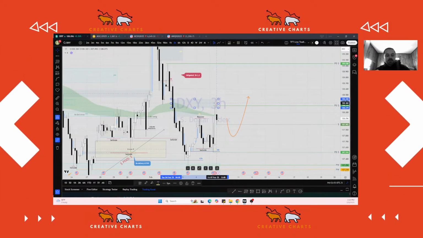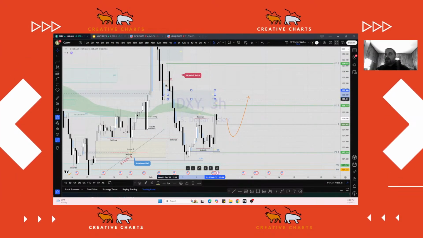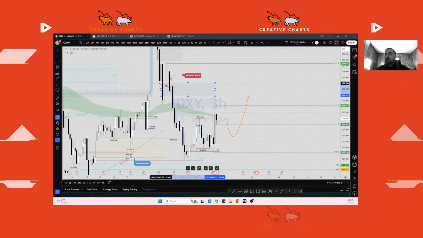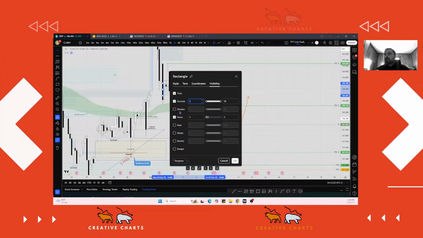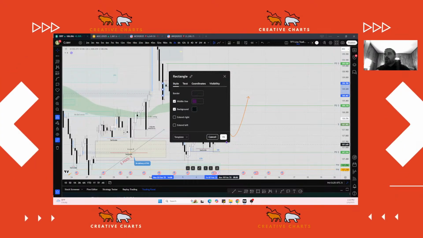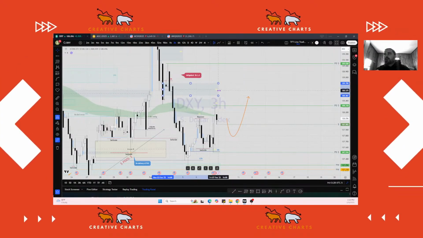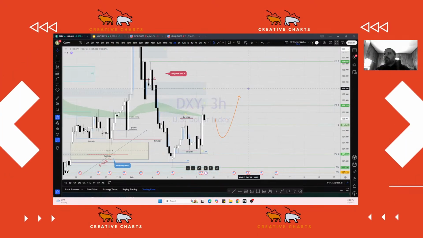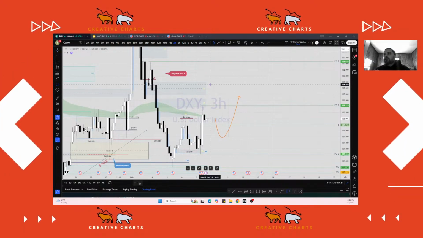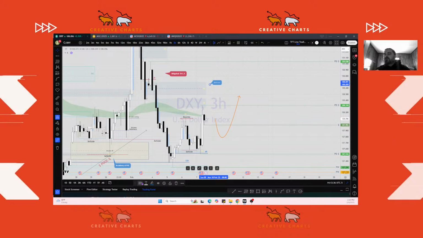As well as this inversion, 3-hour inversion, which price may want to draw to. So this could be a potential draw on liquidity just from where we are right now. So I would potentially use this as a draw on liquidity.